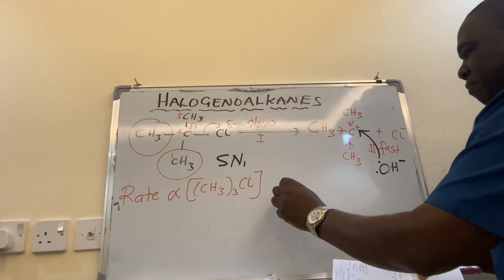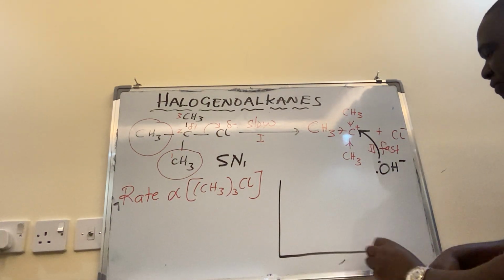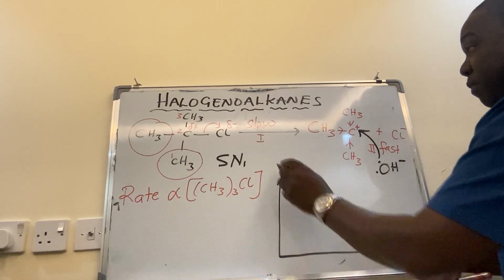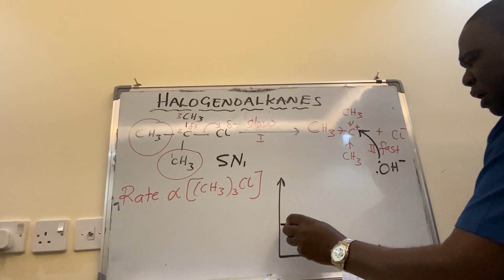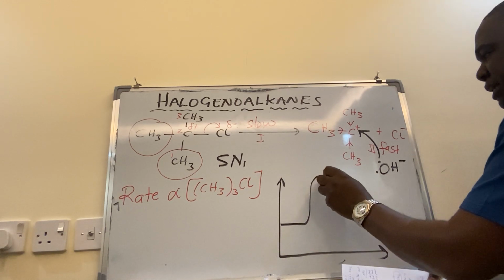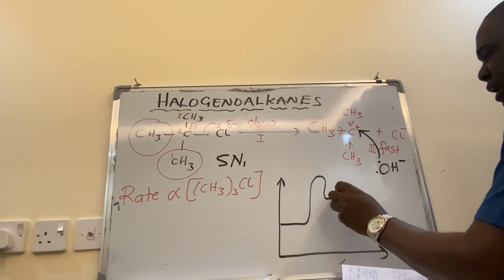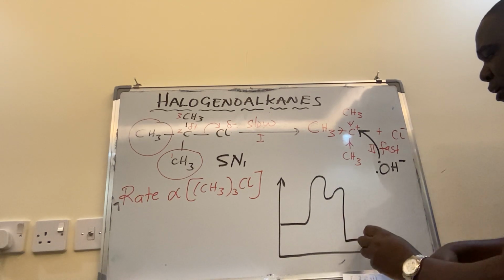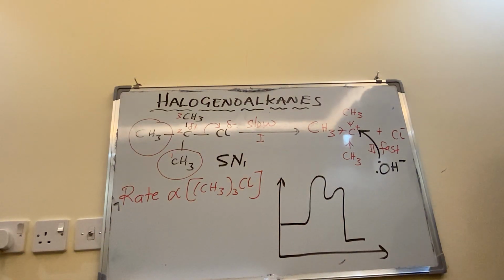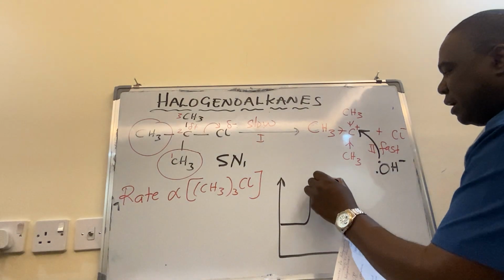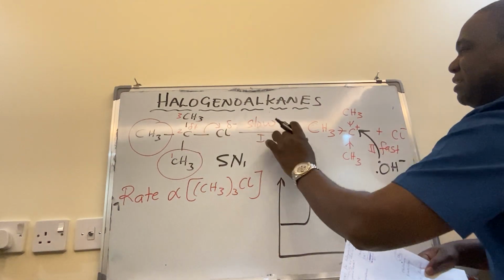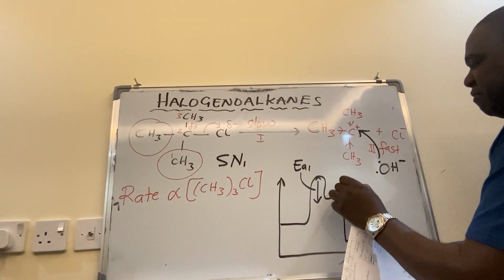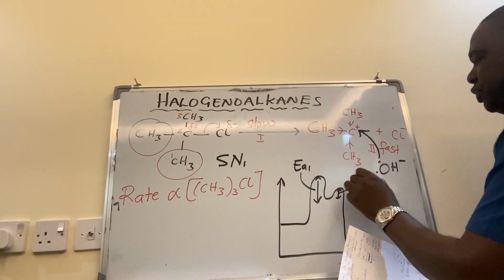And if you are to draw the enthalpy profile diagram for this one, you are going to see that it will be two stages. We have a slow stage with a high activation energy, and then we have another reaction which is fast. I'll call this one EA1, the first activation energy, and then we have this one, which is EA2.